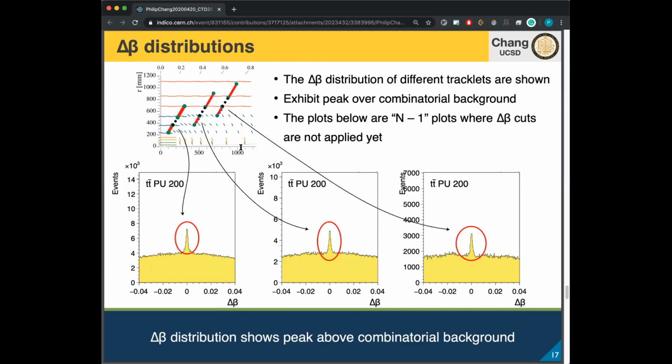The plots shown at the bottom are n-1 plots. After seeing these peaks, you cut on the window to accept the true tracklets and reject many of the combinatorial backgrounds.